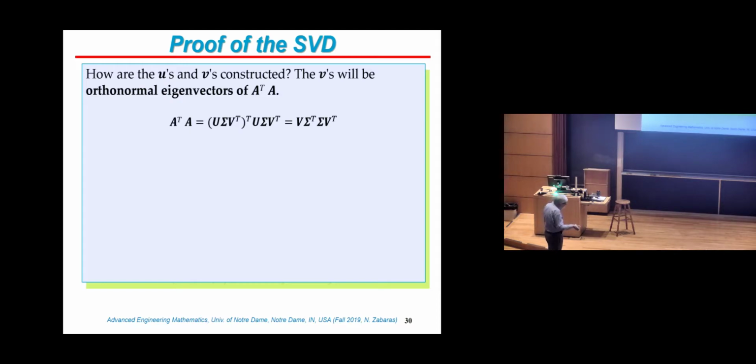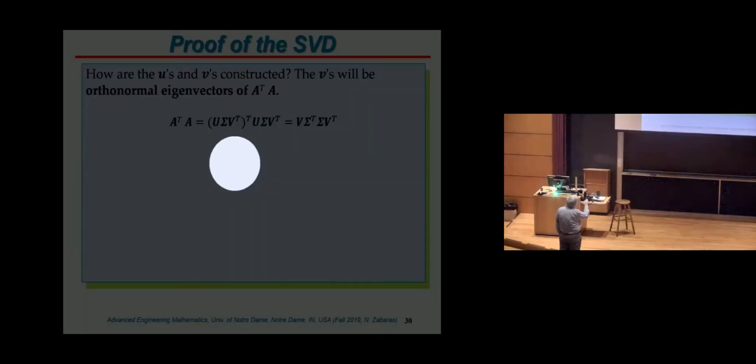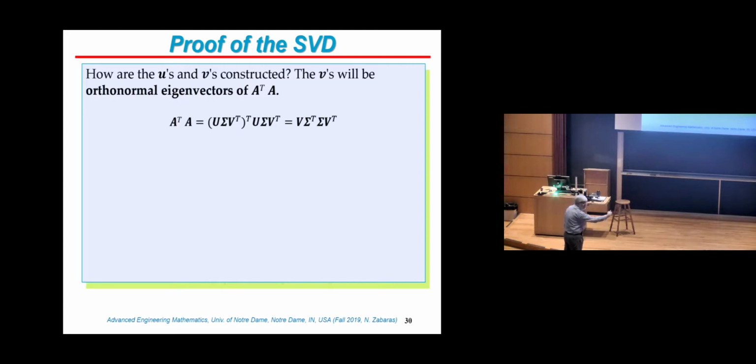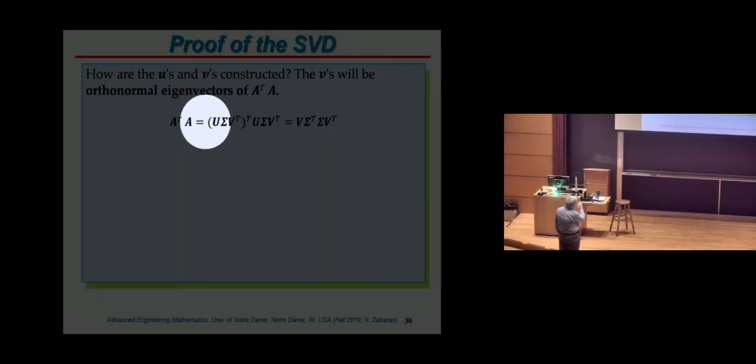So we will now discover what they are, and we want sigma to be a diagonal matrix. We will discover what it is, okay? We take the decomposition of A as U sigma V transpose with U and V orthogonal, and they are square matrices because we added, you remember, the null space basis vectors also? Otherwise, I won't be able to do these operations here. So A transpose A will be the transpose of this times that.